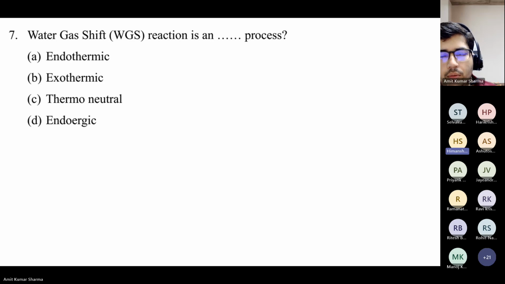It's minimal. No, I'm asking for the number. What is the amount? Around 40 kilojoule, I think. Yeah, it's 41 kilojoule per mole of energy released in the water gas shift reaction. And what is the reaction?